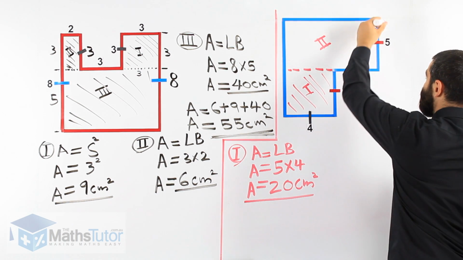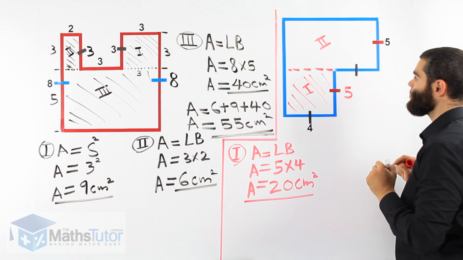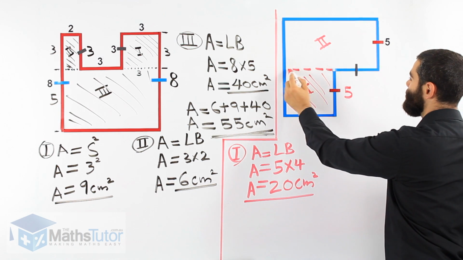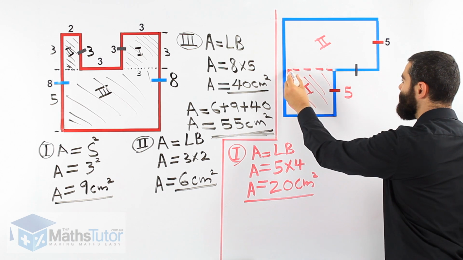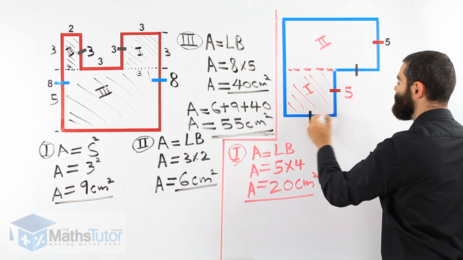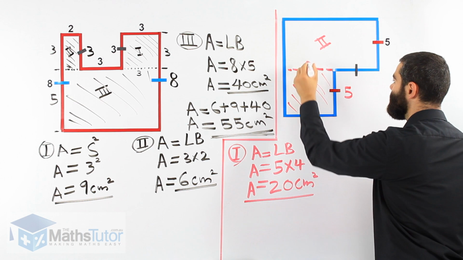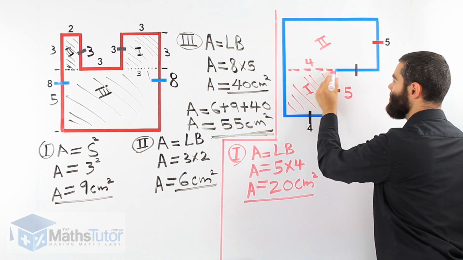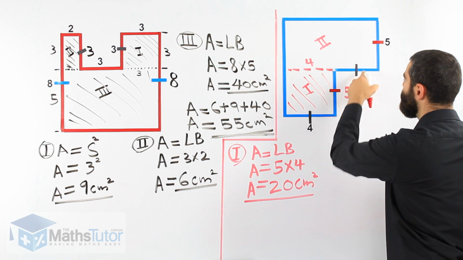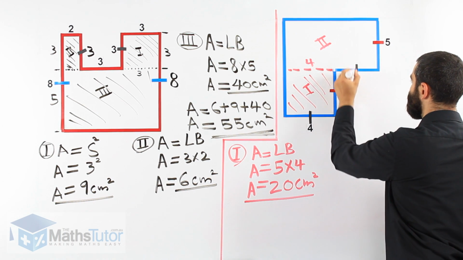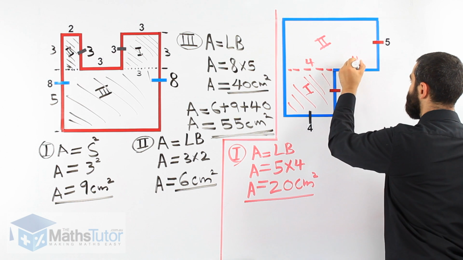We can tell that the breadth is 5. It's already given. What is the total length? We know that this side is opposite that side, which means if this is 4, this is going to be 4. This mark and that mark are the same, which means this side here is also 4.